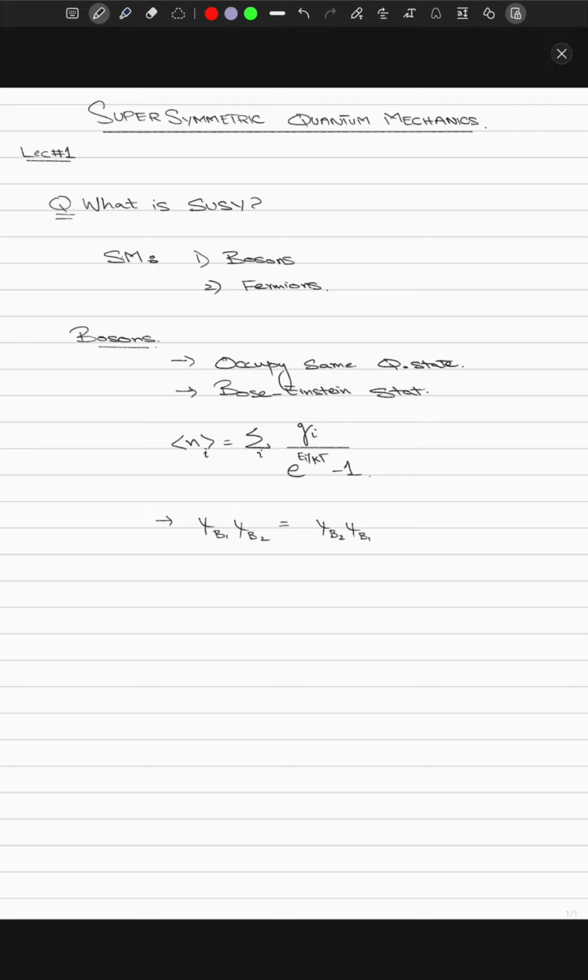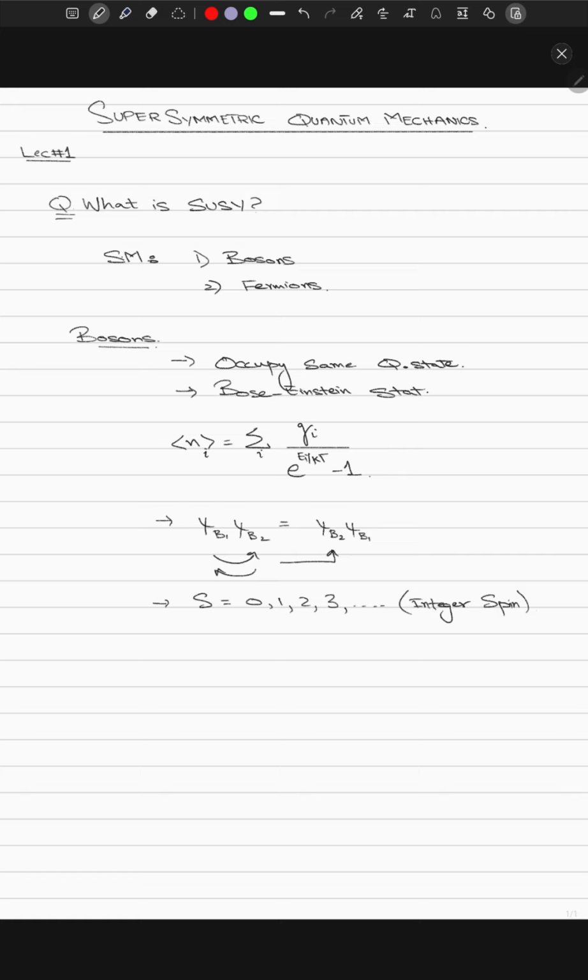If it was initially plus psi b1 psi b2, you'll still have plus psi b2 psi b1. I just interchanged these positions and there was no effect on the sign. So they are both identical, right?